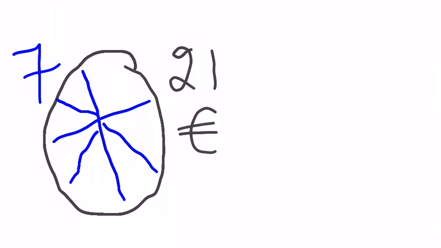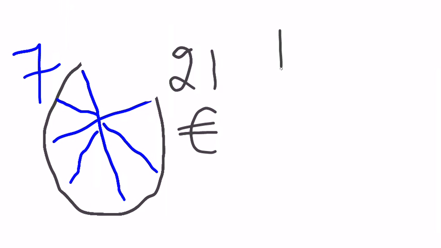Now the thing is that if I remove one of the pies, and all these pies are absolutely equal, it doesn't look that cool on the video, but all the pies are equal. If I eat up this one pie, what does it mean?